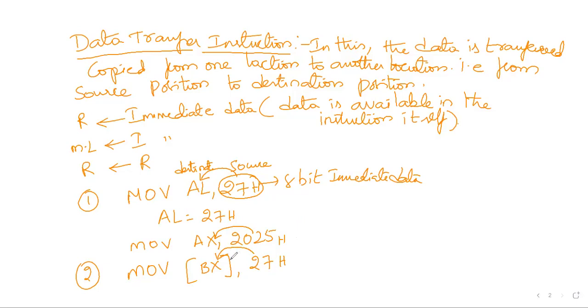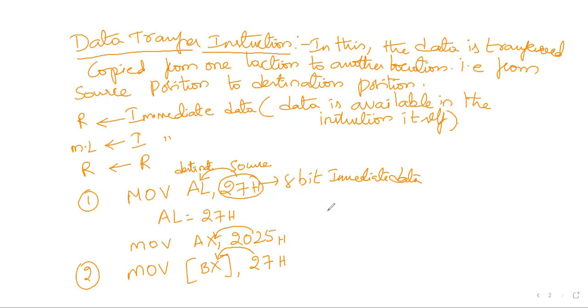As I mentioned in the previous videos, square brackets represent a memory location, and the BX register contents act as the effective address. With that effective address, the physical address is calculated, and with that physical address one memory location is identified. To that memory location, the 27 is transferred.